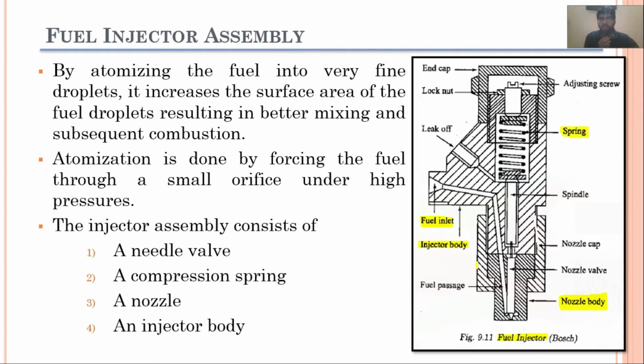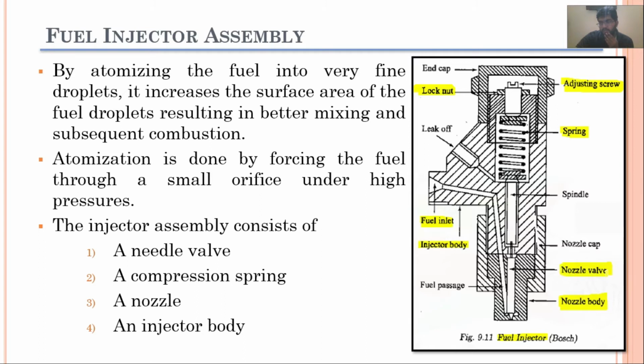Here you can see that we have this adjusting screw and the lock nut. The purpose of this adjusting screw and lock nut is to adjust the spring force which will act on this nozzle valve.